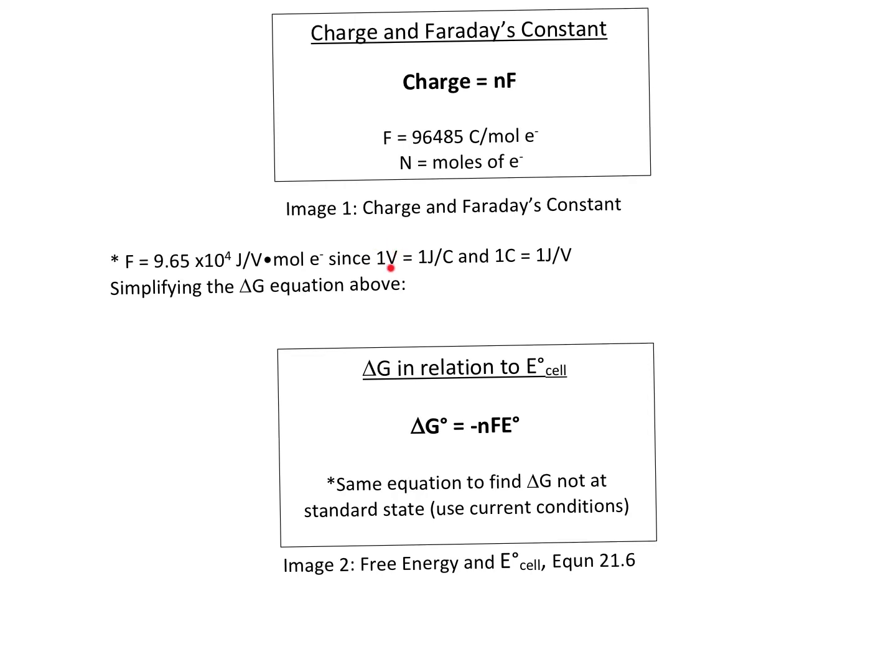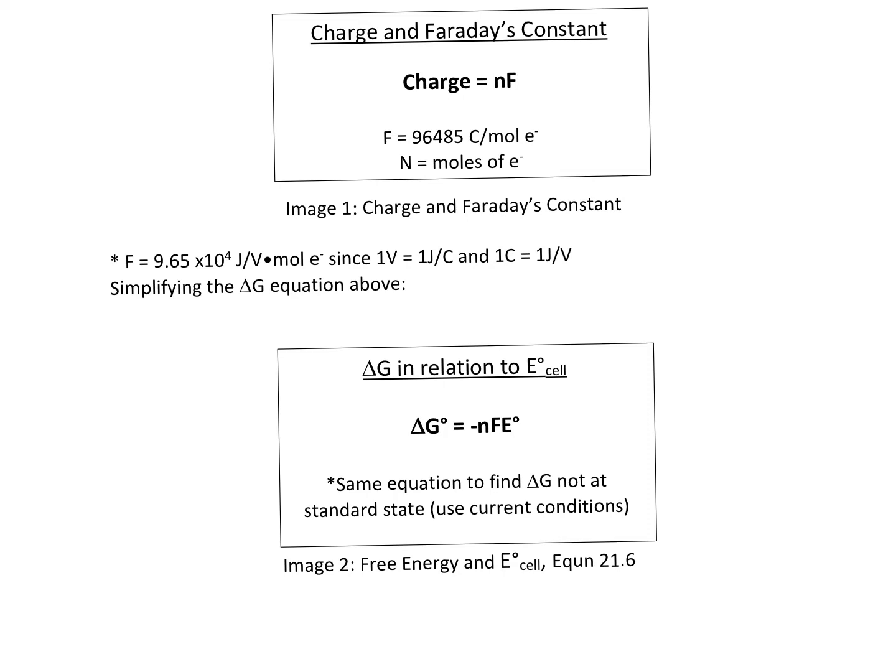Since 1 volt is equal to a joule per coulomb, and 1 coulomb is equal to a joule per volt, we can substitute joule per volt in for a coulomb. So that's why we end up with joule per volt times mole of electrons. You're not going to really be using these units very much anymore.